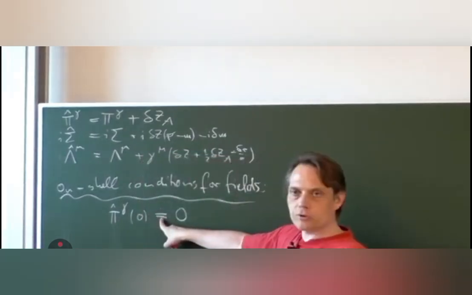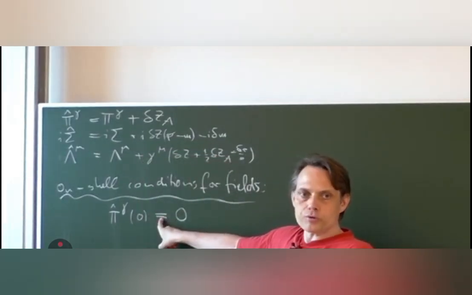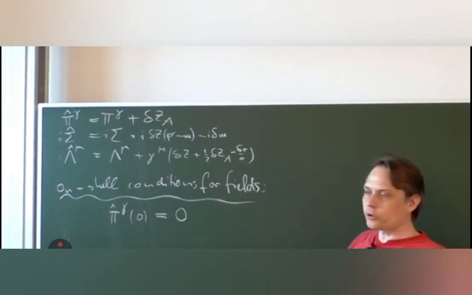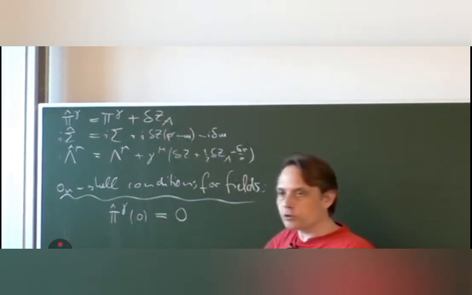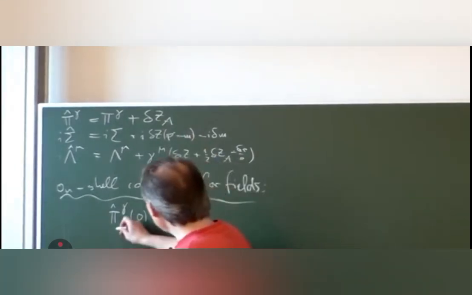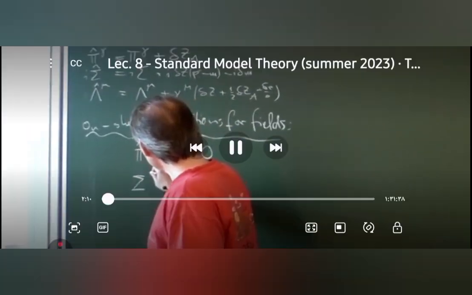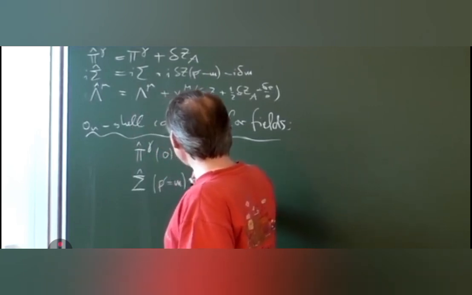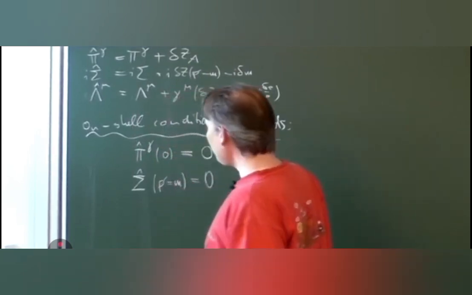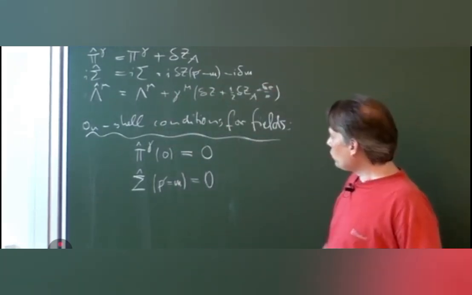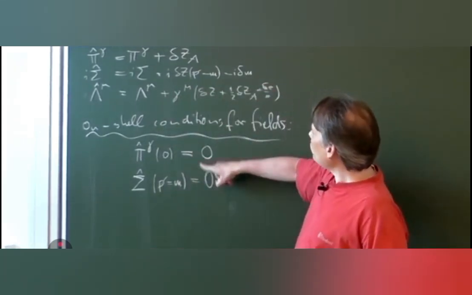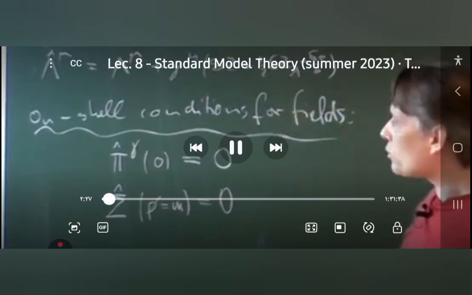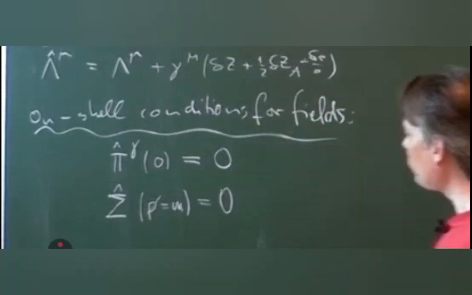So this is an equality which is meant as a condition on the renormalized pi gamma, and so it implicitly determines the delta Z gamma here. Second, sigma hat at p slash equal to m is also equal to 0. And that is also meant as a condition, and it implicitly fixes some combination of the delta Z and delta m appearing in sigma hat.